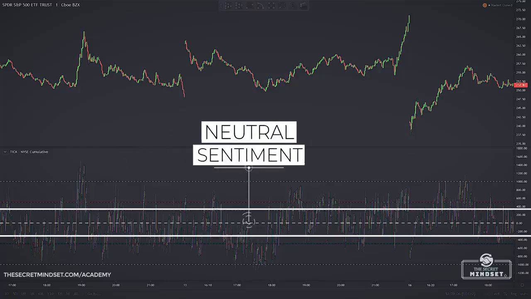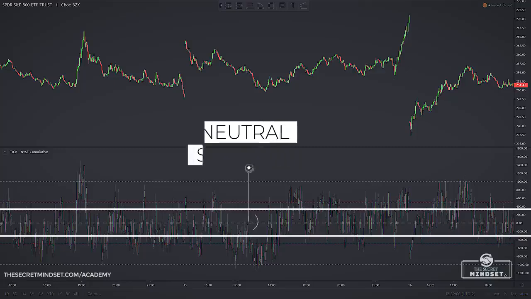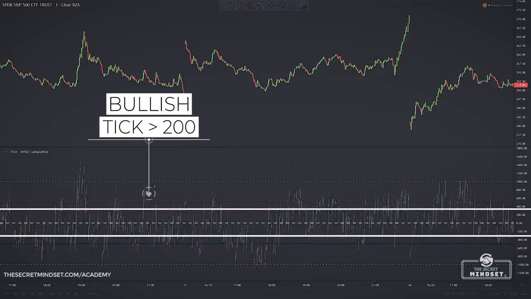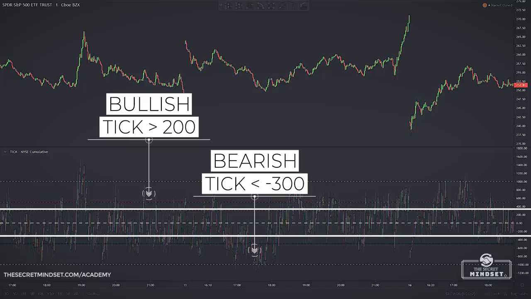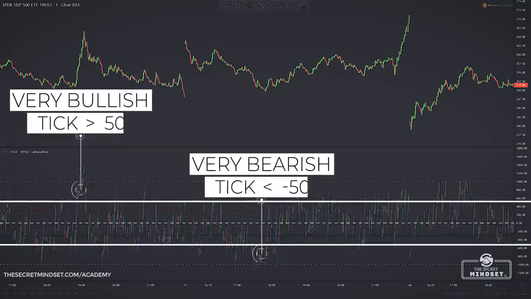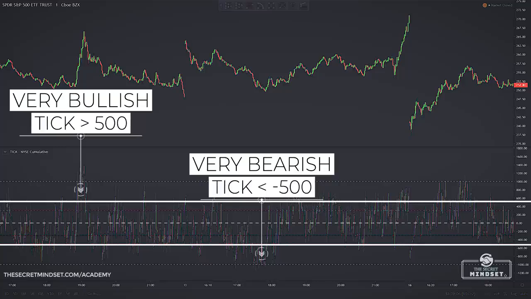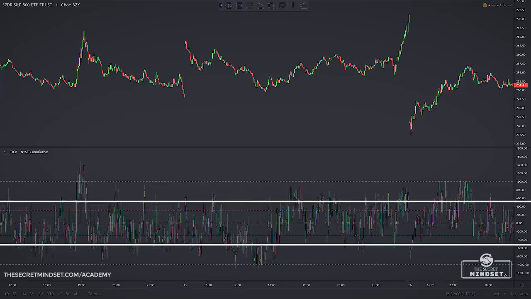Tick index value between plus 200 and minus 300 indicates a neutral market sentiment. Bullish is when values become higher than 200, and bearish when it's lower than minus 300. Very bullish is when its value is higher than 500, and very bearish when it's lower than minus 500.